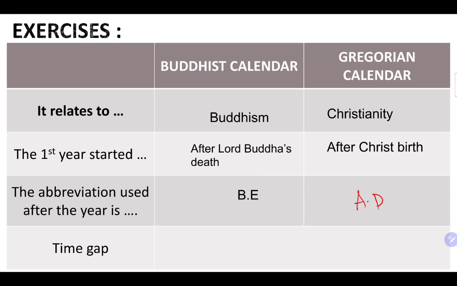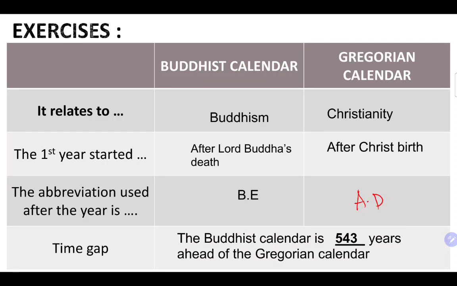AD stands for Anno Domini. How about the time gap between these two calendar systems? When we say time gap, how many years of difference are there between the Buddhist calendar and the Gregorian calendar? The year difference was 543 years. The Buddhist calendar is 543 years ahead of the Gregorian calendar.